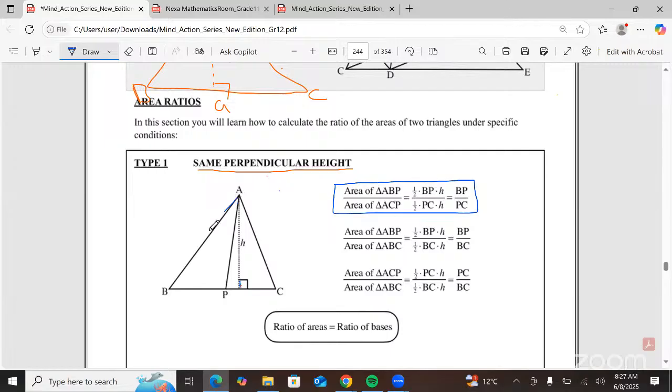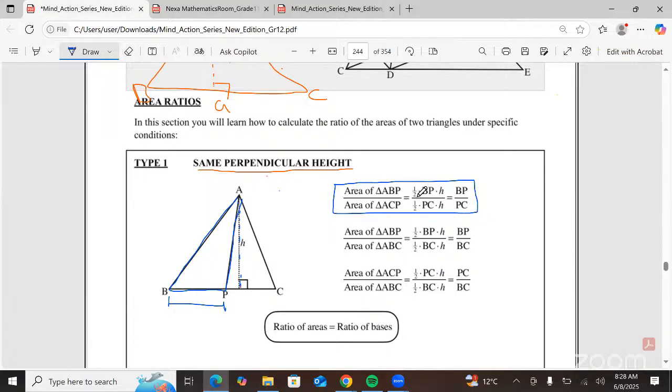Here is ABP, with the base BP and the height H. Therefore, I can write the area for that triangle as half times our base. What is our base? It's BP, times the height H. Here is the height H.